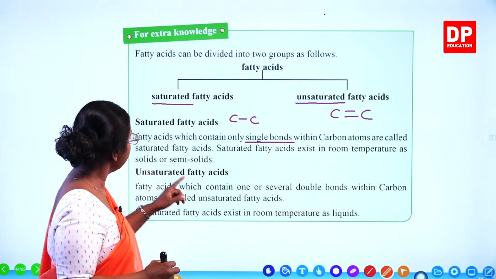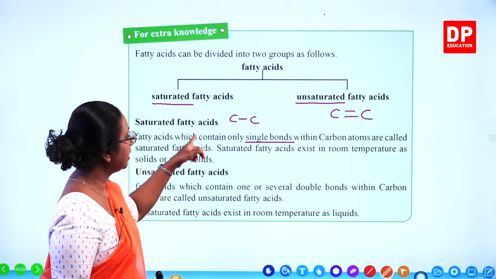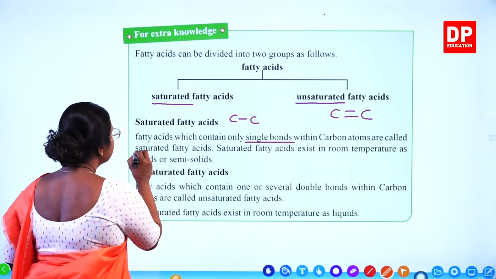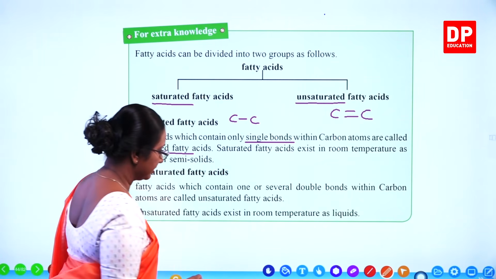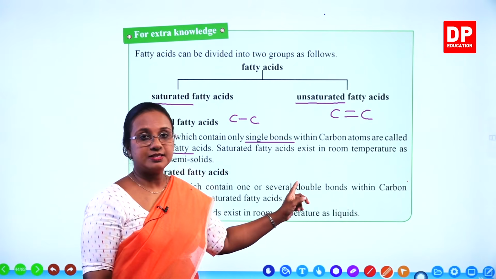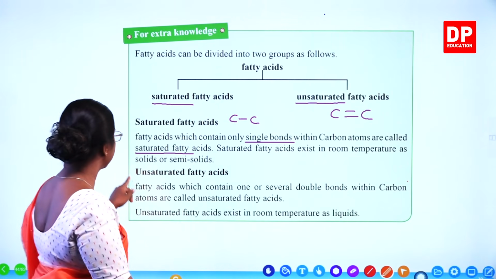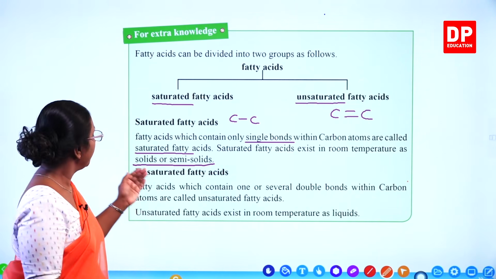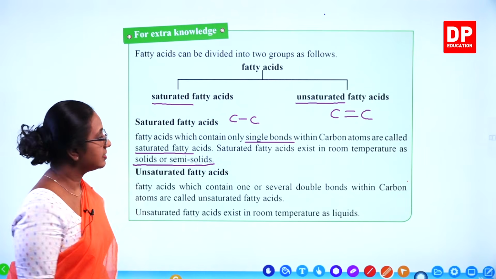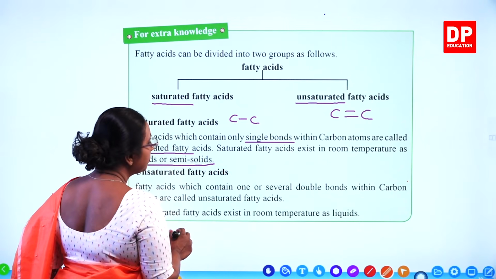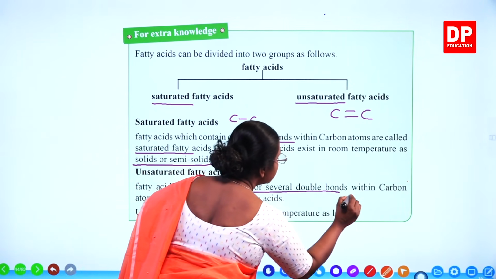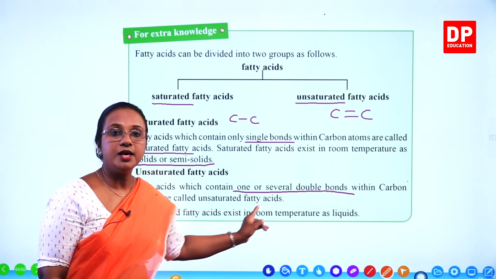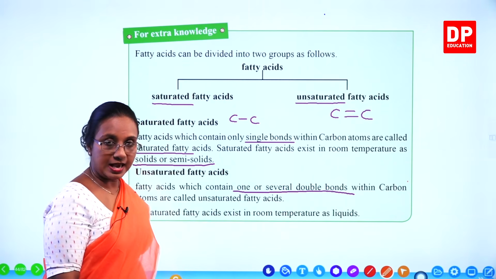So here you can see fatty acids which contain only single bonds within carbon atoms are called saturated fatty acids. And saturated fatty acids exist at room temperature as solids or semi-solids. Whereas the fatty acids that contain the double bond, it can be one or several double bonds within carbon atoms, are called unsaturated fatty acids.